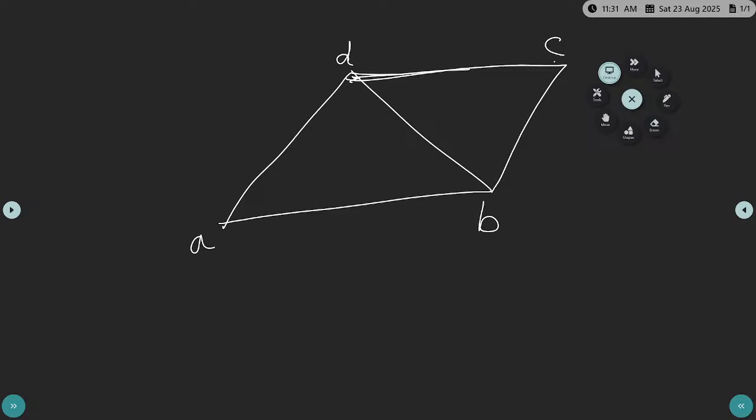Now here, what are the conditions of Euler's path? Check shirt, stand up. Tell me now, what do you mean by Euler's path? Should be same. Next, what is another condition?